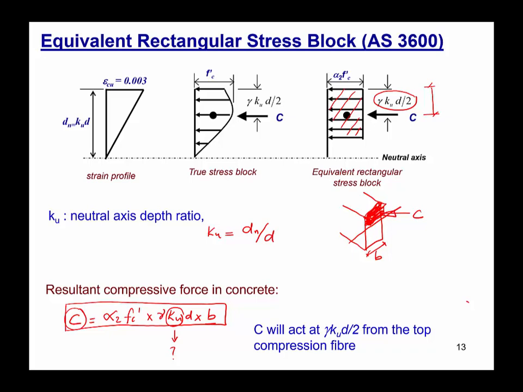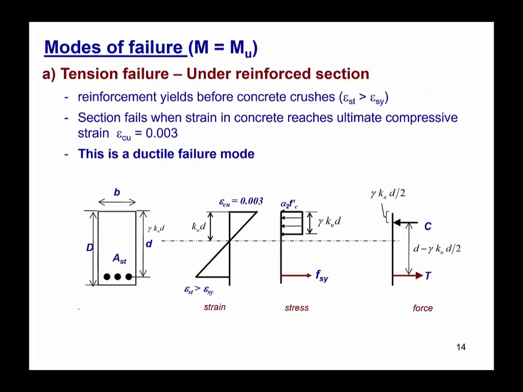So we have to consider what kind of failure the beam can have. Let's look into the different kinds of failure the rectangular reinforced concrete beam can have. There are 3 different kinds of failure that the reinforced concrete beam can have in flexure. The first type of failure is called tension failure. This type of failure occurs in the under reinforced section. The sequence of this failure pattern is that first the steel at the bottom in tension will start to yield.